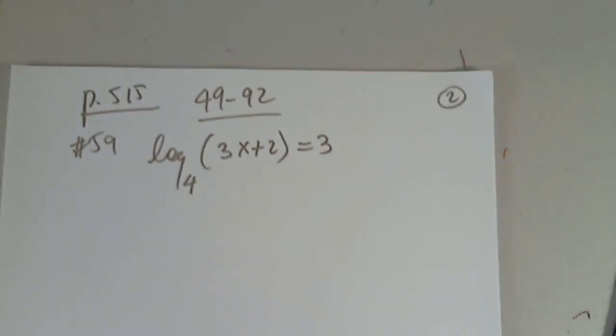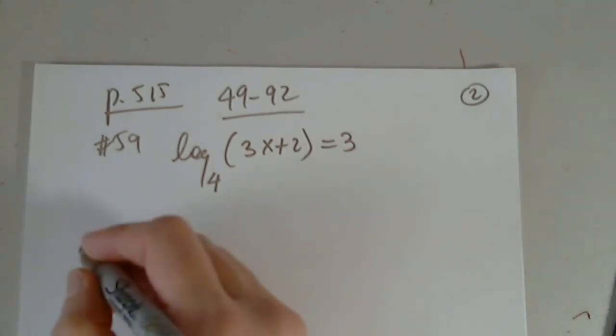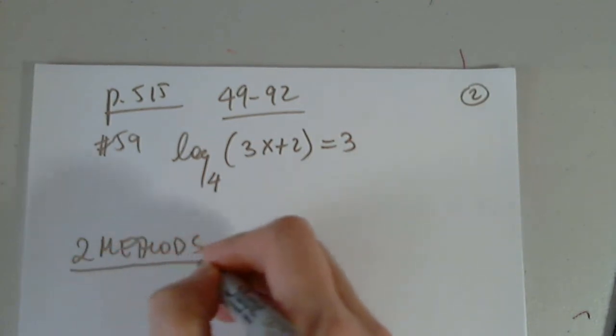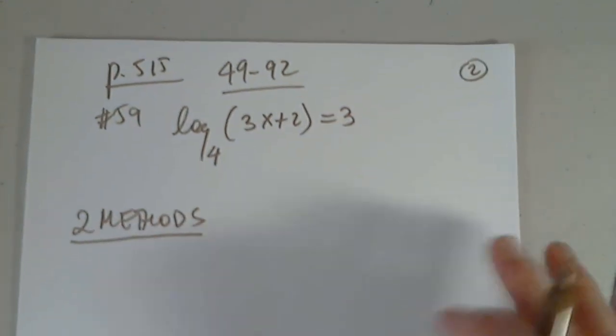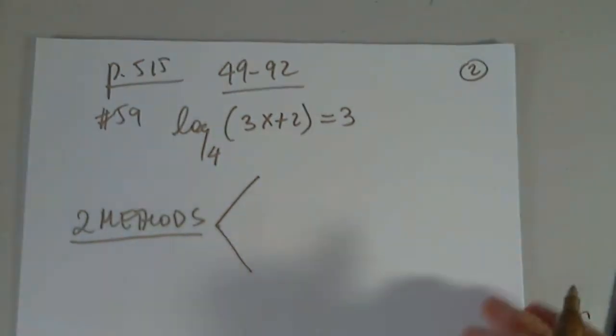Obviously, this is a log equation. There are two methods. You have to use one or the other. It's up to you. I'll tell you the one I like, and you can choose the other one if you don't like mine.